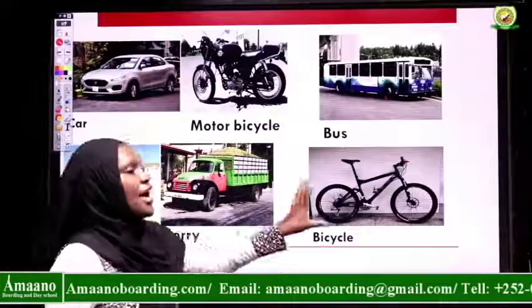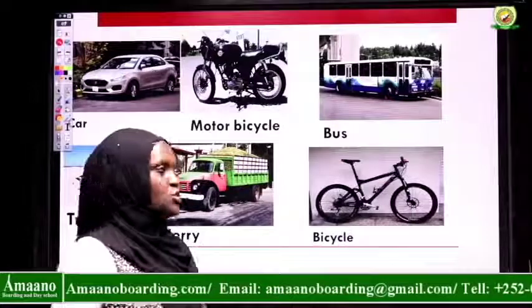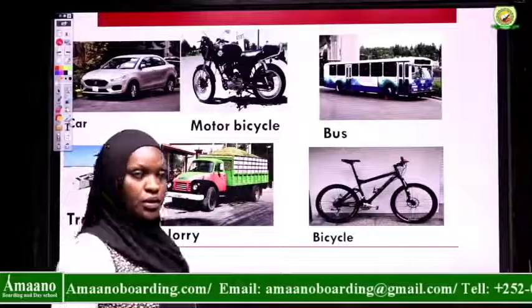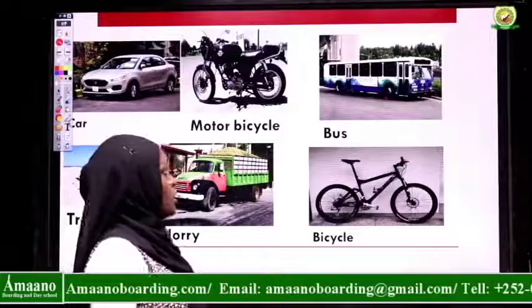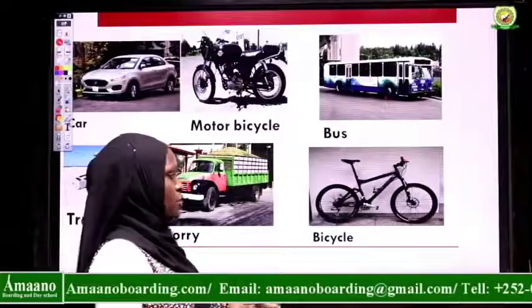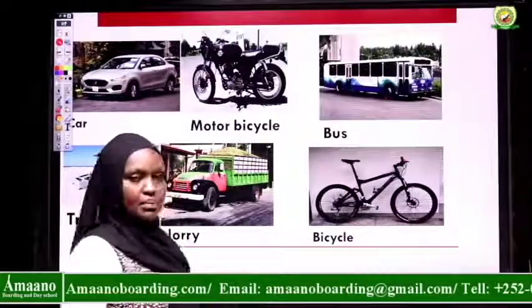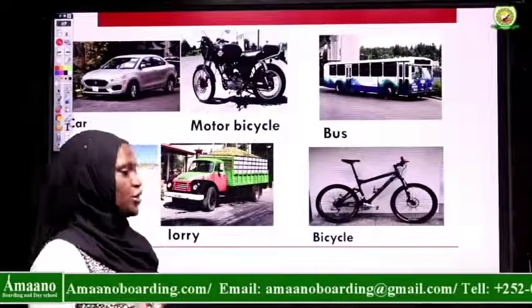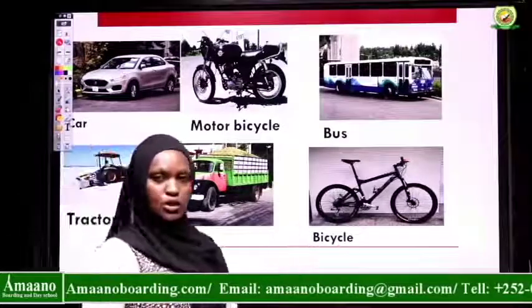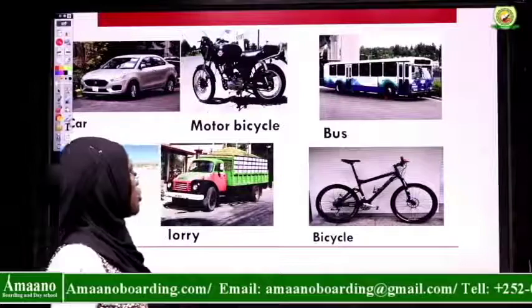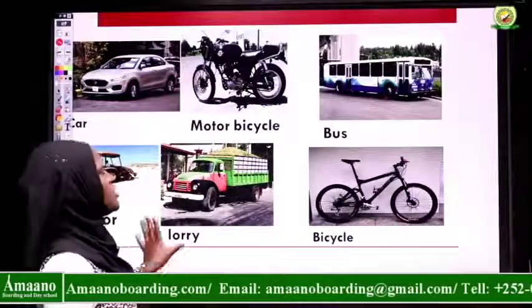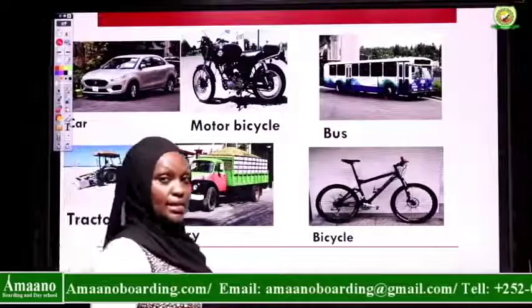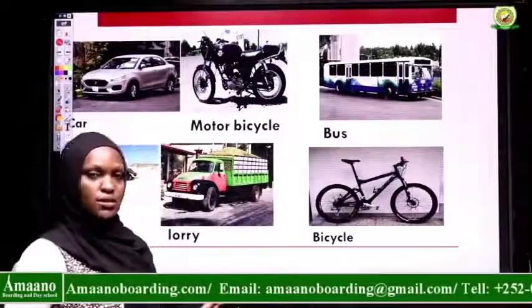All these are used on land. They use the road, and they can move everywhere. If you want to go to another town, you can take the bus. If you want to run to the shop, you can take the bicycle. If you want to go to school, your father can use his car to take you to school. These ones are commonly used.